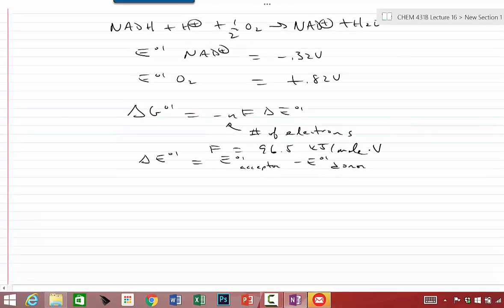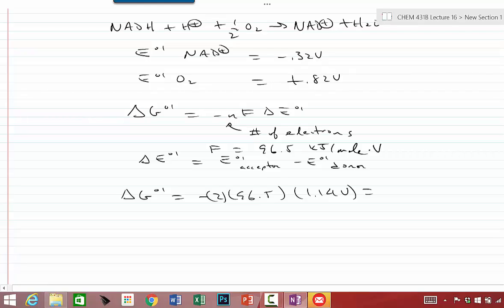And as an example, we can fill in the information for this particular reaction. So we have delta G is going to be equal to minus 2 times 96.5 times 1.14 volts.